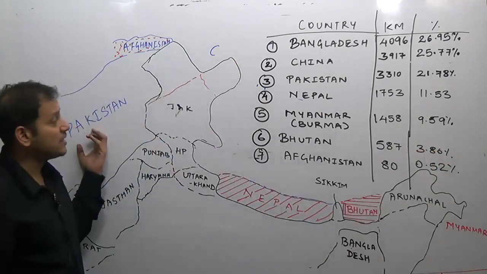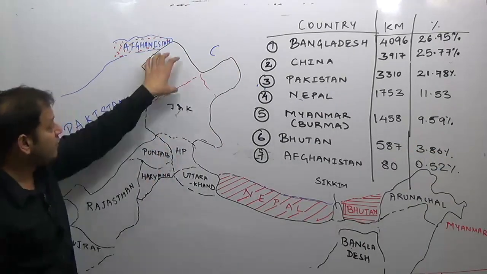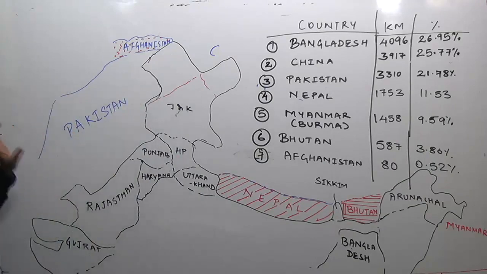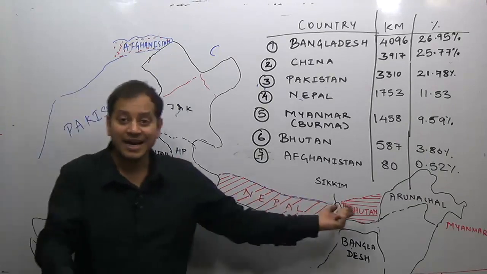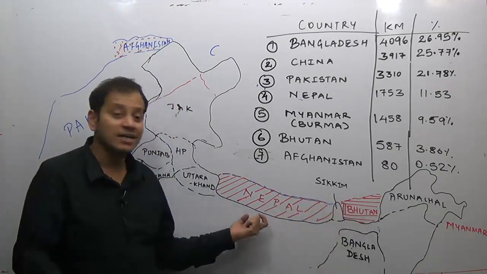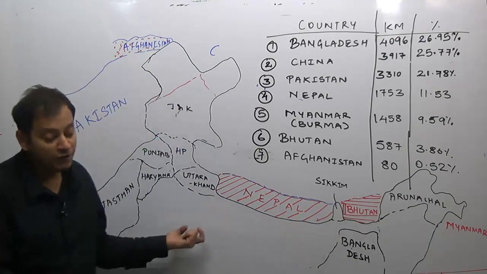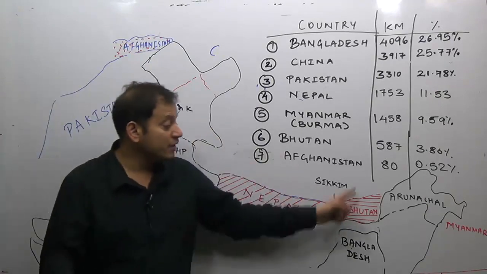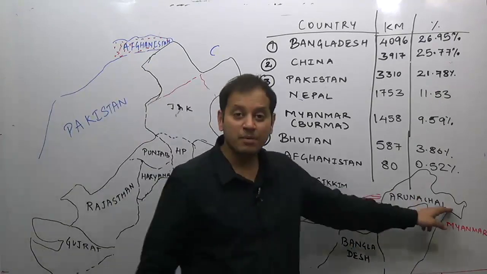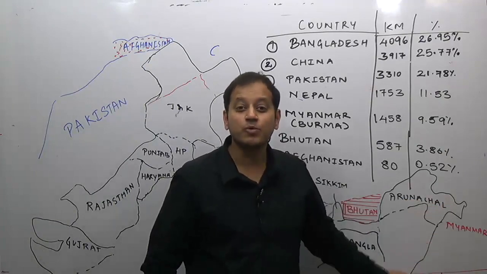Then we have Pakistan, on the western sector right from Jammu Kashmir to Gujarat. And then we have Nepal, between Uttarakhand and Sikkim, which covers the boundary of Bihar and the boundary of UP also. Then we have Bhutan. Then we have Myanmar, right from Arunachal Pradesh, Nagaland, Manipur, Mizoram.